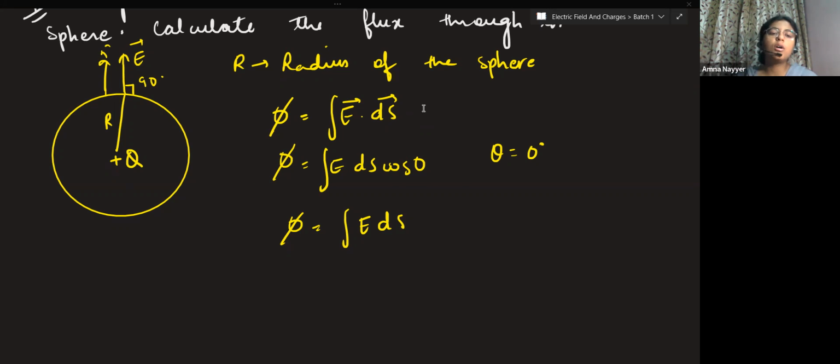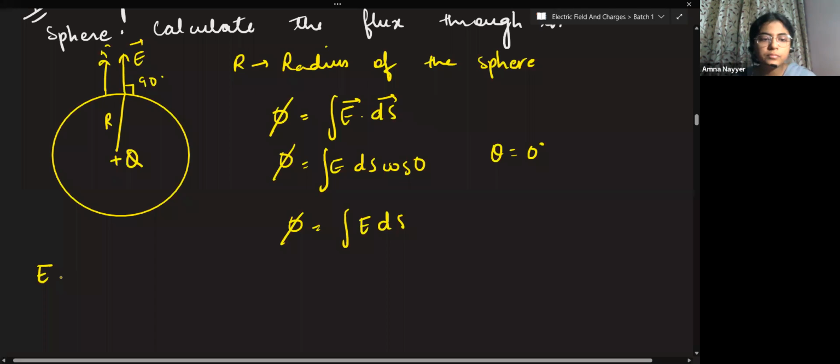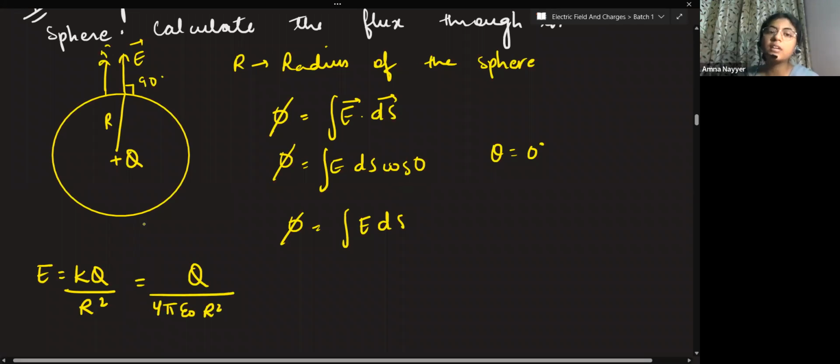So the formula of electric field is K capital Q divided by R square. K is the constant that is written as 1 over 4 pi epsilon naught. This is the formula of electric field for a point charge or a sphere.